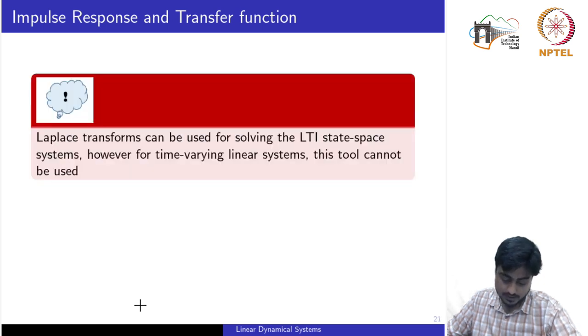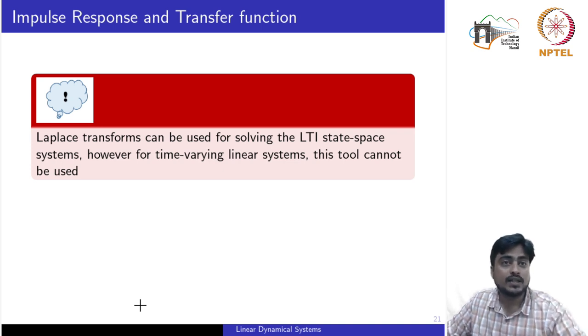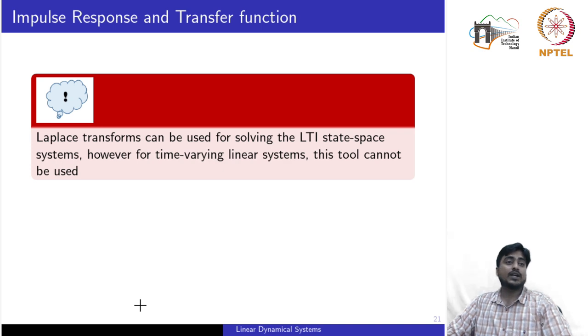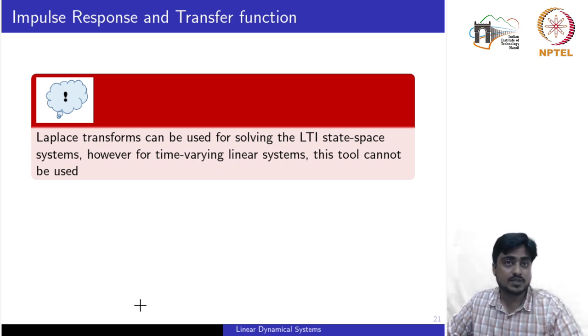Now, the idea behind introducing the Laplace transform is that instead of computing the convolution or the integral in the continuous time domain and the summation in the discrete time domain, we deal in the frequency domain by using the transforms, either the Laplace or the Z transform. But we cannot use these two frequency domain tools for linear time varying systems.